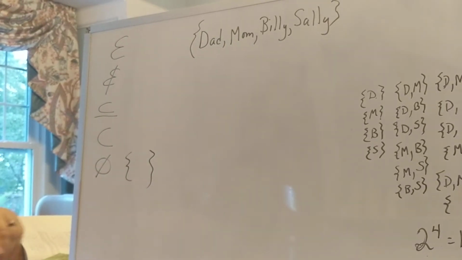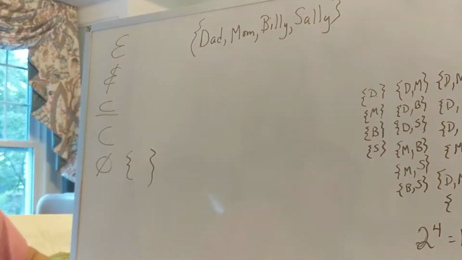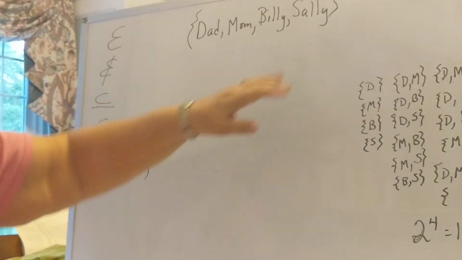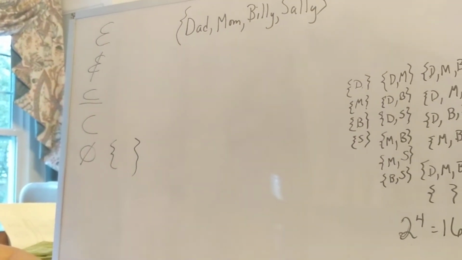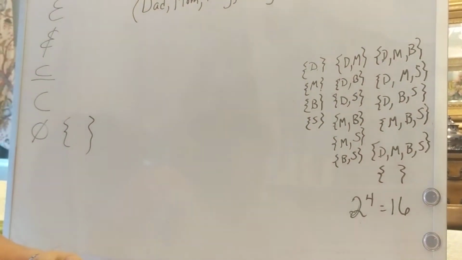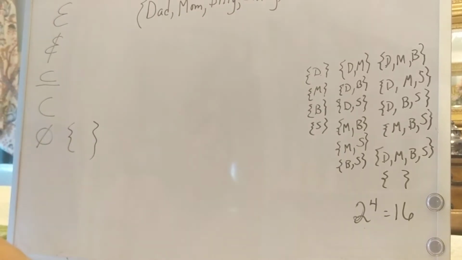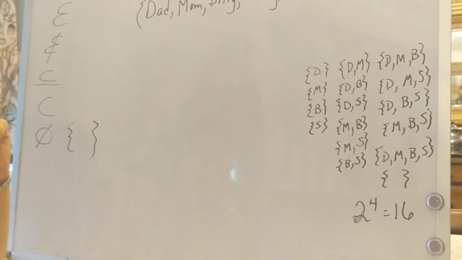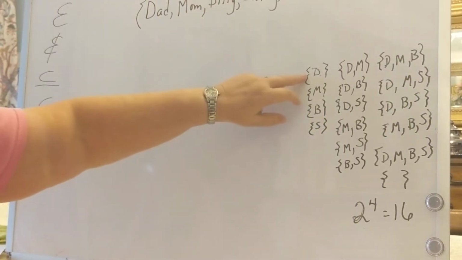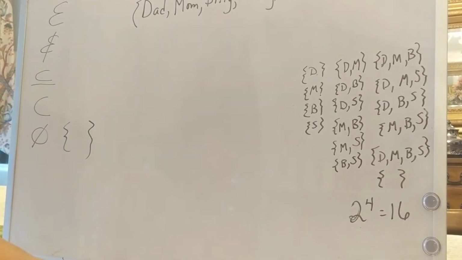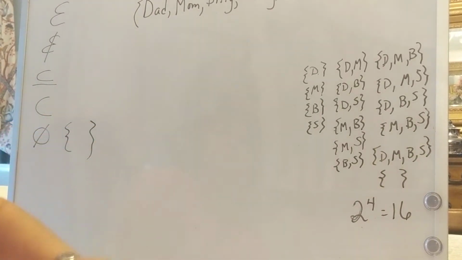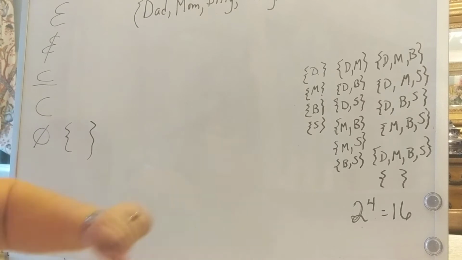All right, now I listed over here the subsets of this family: Dad, Mom, Billy, and Sally. And I do it sort of methodically. I have a method. I say, okay, I'm going to do all the subsets that just have 1 member in it. So right here, Dad's a subset, Mom's 1, Billy's 1, and Sally's 1.